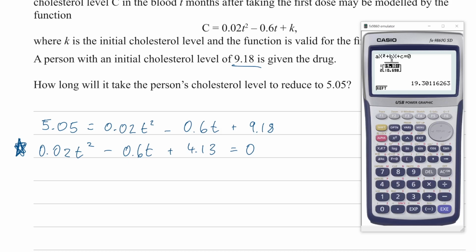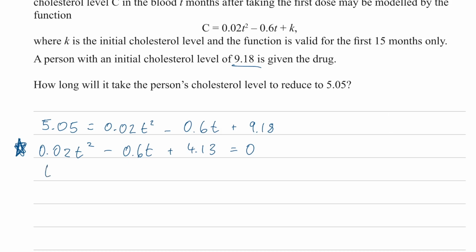So here, x would be, in this case, t, 19.3 or 10.7 rounded. And remember that t was in months.